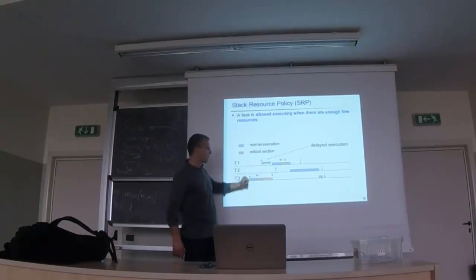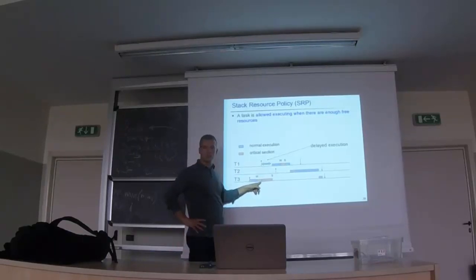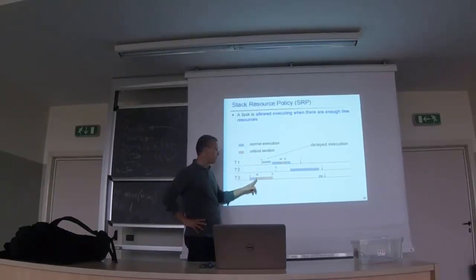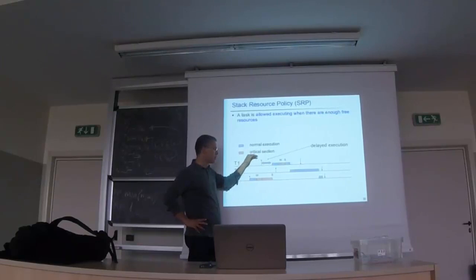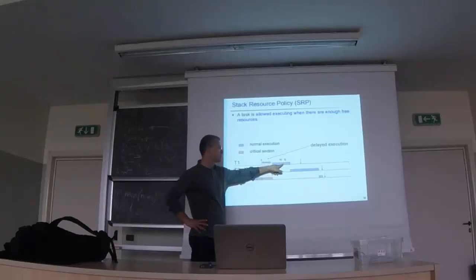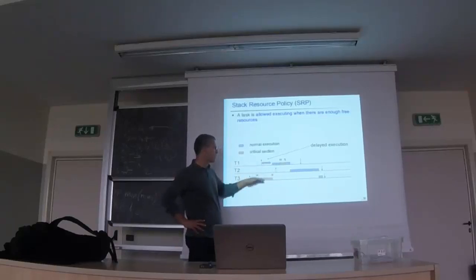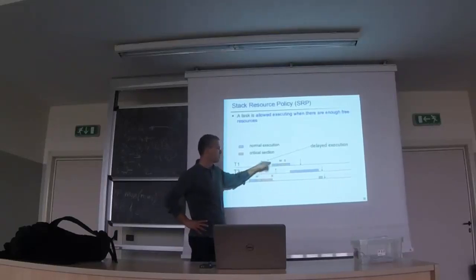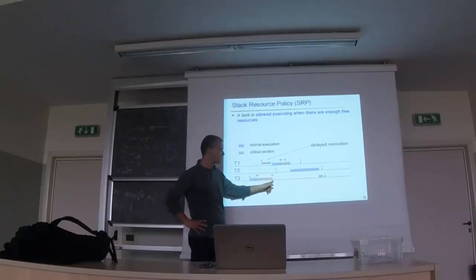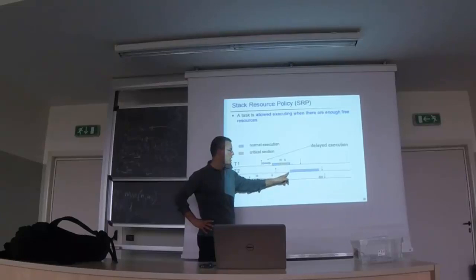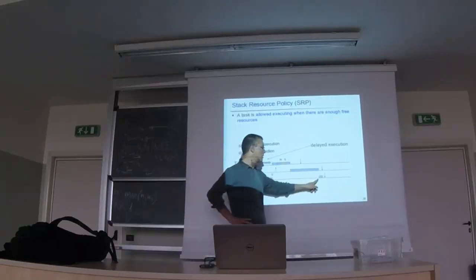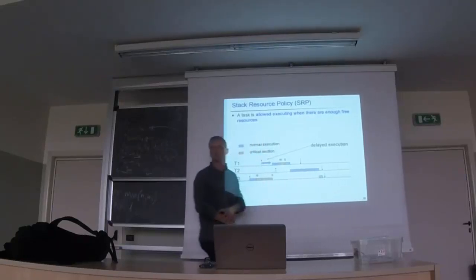I raise it to the ceiling of this locked resource, at the locking moment. Since the resource is accessed by task 1, the ceiling is here, so this preemption is postponed until I exit my critical section, and only then this task can execute, and only then I can finish my execution.